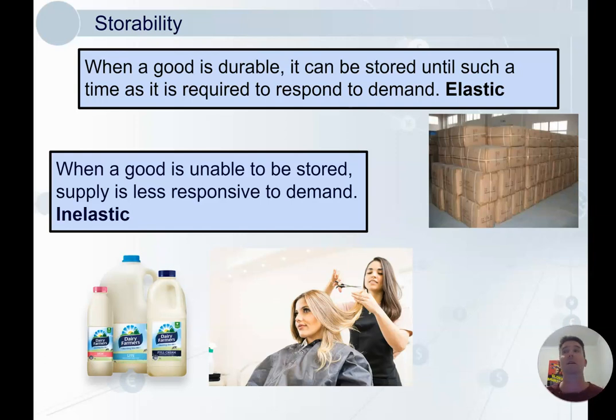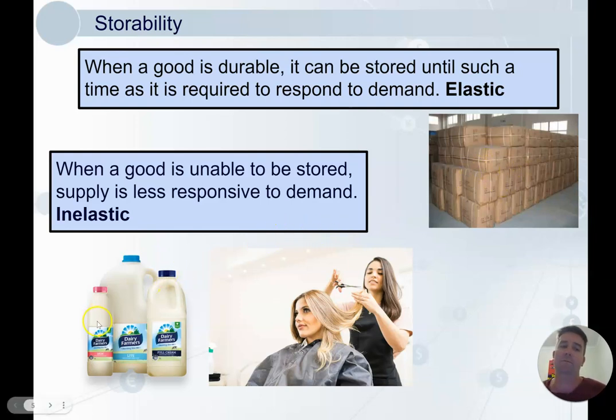If they're like cars, they're not quite as responsive to price because they do take up a lot of space and that's a lot of expense. But something really small, so back to those DVDs, you can have a warehouse full of DVDs or a box full of DVDs. There I am pointing at the screen again. One of these boxes full of DVDs could have a couple of thousand in there. It doesn't cost much to store.